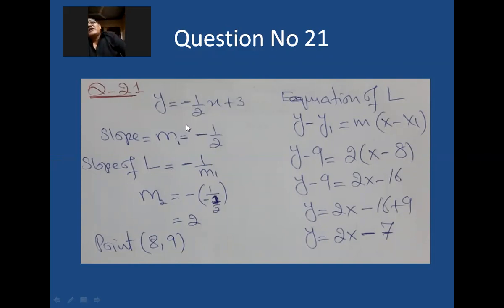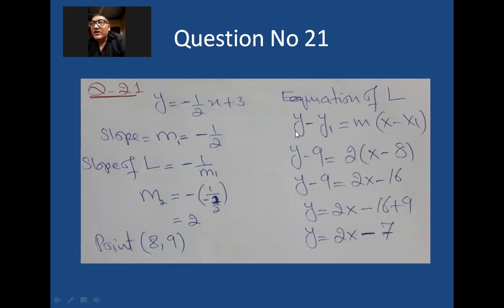The slope of L, which is perpendicular to this line, will be the reciprocal of this line's slope and negative with it. The reciprocal of 1/2 is 2, and minus minus cancel, so it becomes +2. So the slope of the line L is +2, and the line passes through (8, 9).